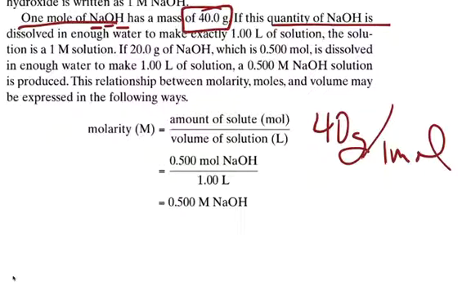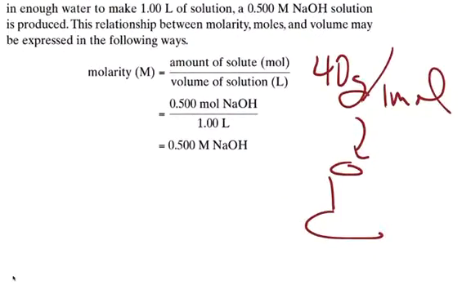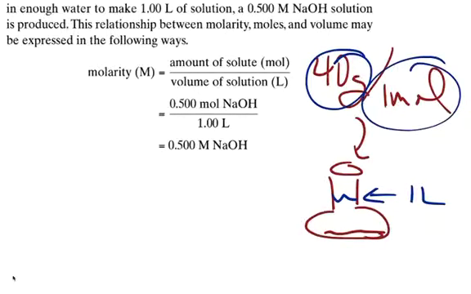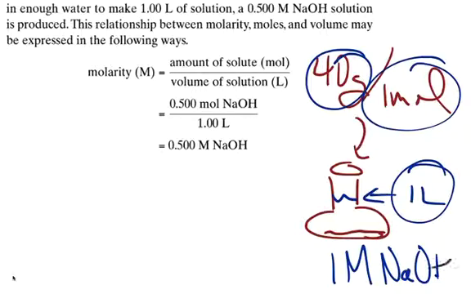It says if you take this quantity and you dissolve it in enough water to make exactly 1 liter of solution, so we mass out 40 grams, we put it in a volumetric flask, which is what this is. This is my volumetric flask. So there's 40 grams, and then we add some water until we get it up to 1 liter of solution. Well, 40 grams is 1 mole, and that 1 mole is in 1 liter of solution, so we would call that a 1 molar solution of sodium hydroxide.